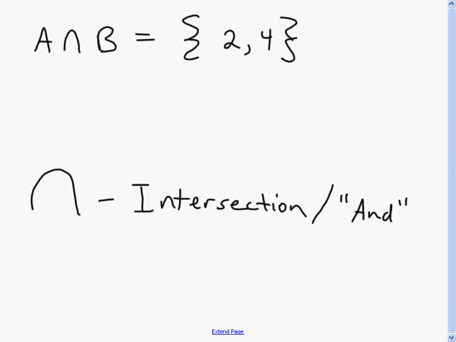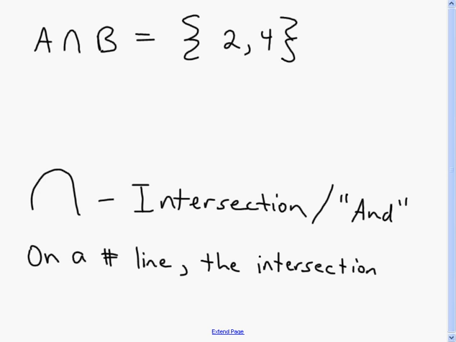When you're on a number line, the intersection is where you shaded twice.